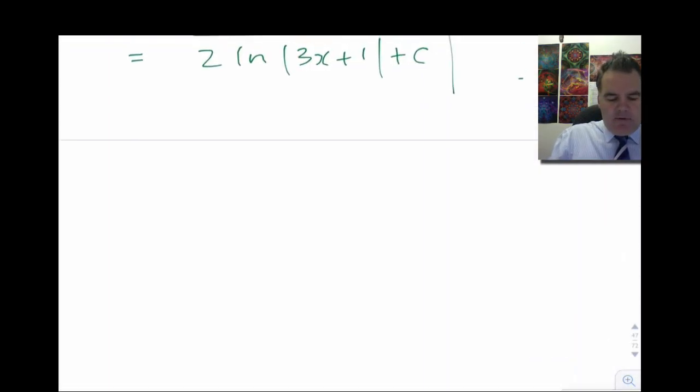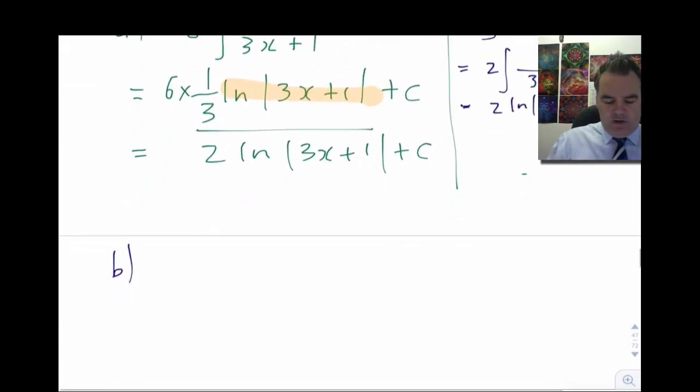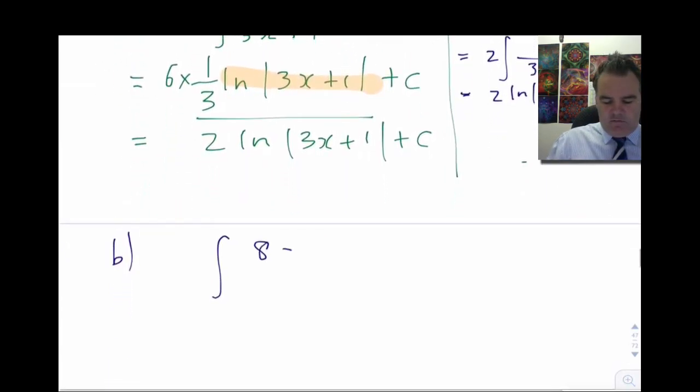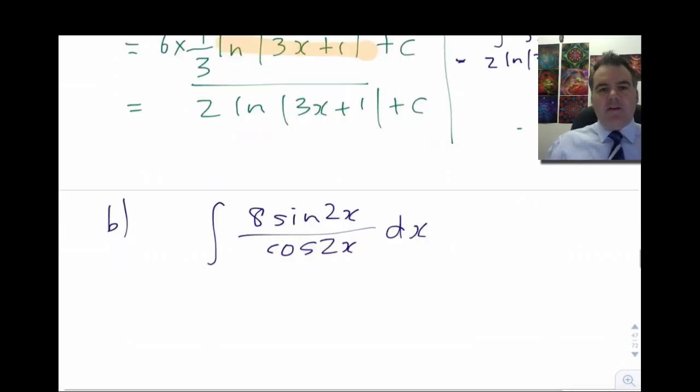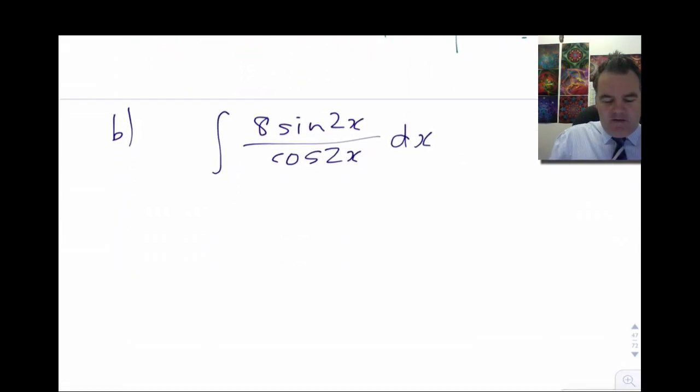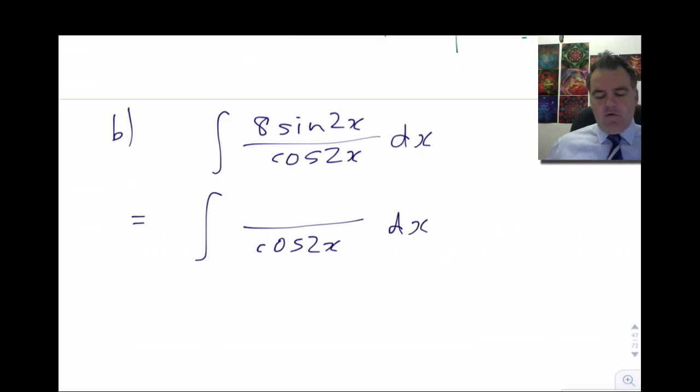Okay, let's look at part B. Part B says the integral of 8 sine 2x over cos 2x. Okay, this does not look like it's going to have anything to do with a natural log integration, but if it's in that form, derivative over original, that's what we actually get. So, what is the derivative of cos 2x?